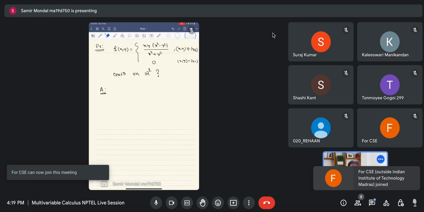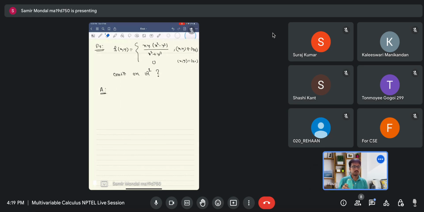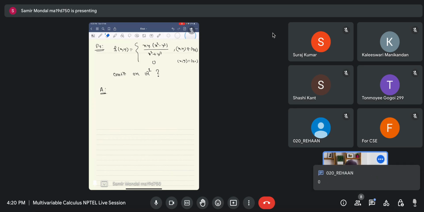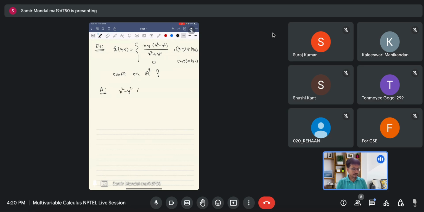What is your guess? One observation is very clear: x square minus y square is always less than or equal to x square plus y square. What about this product? Please tell.